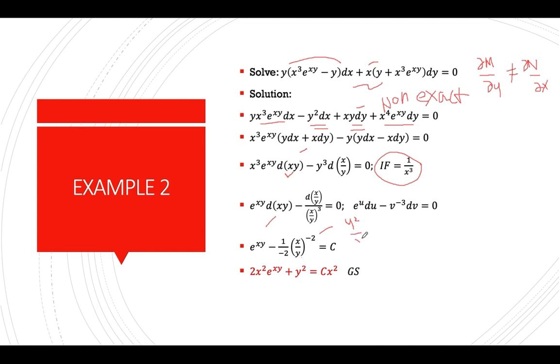So we multiply the whole equation by 2x squared to eliminate the denominator, or to clear the equation of fractions. The resulting simplified equation will be 2x squared e to the xy plus y squared equals c x squared as your general solution.